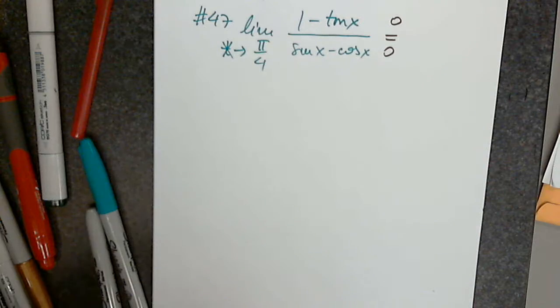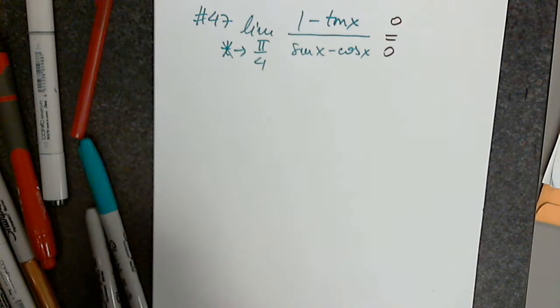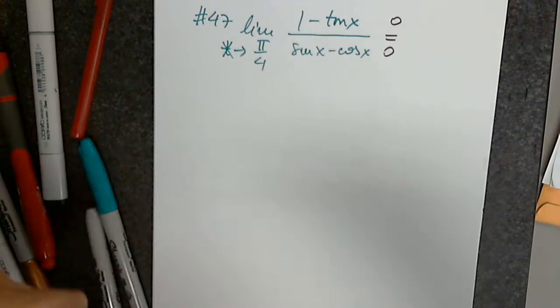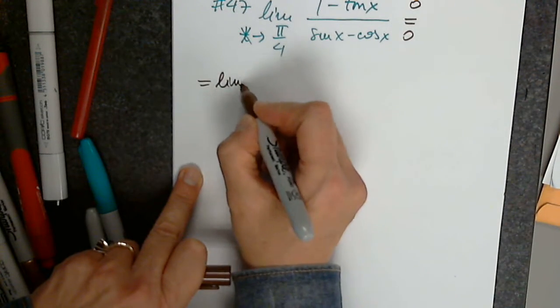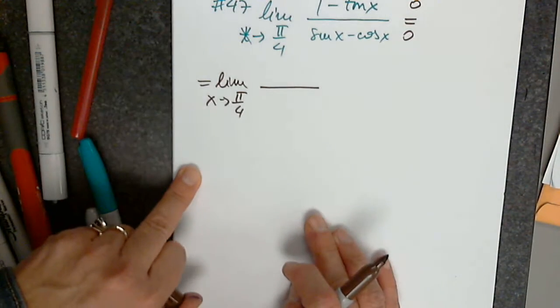So the easiest thing to do is apply something we learned, which is, if it's applicable, L'Hopital's rule. So then, the limit as x approaches pi over 4. What is the top?